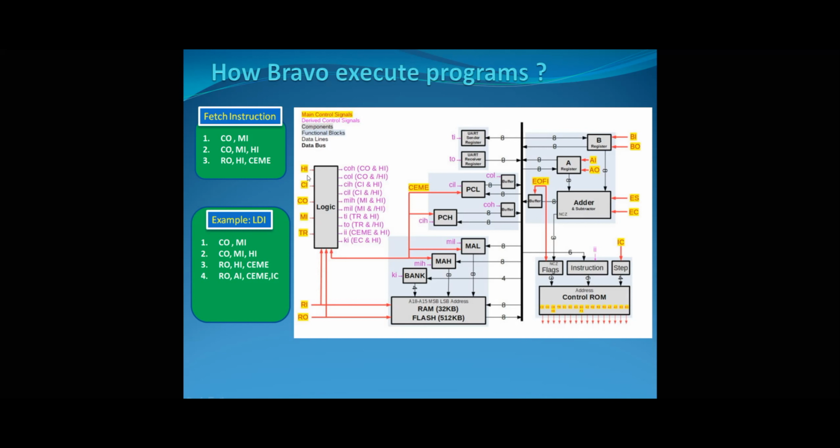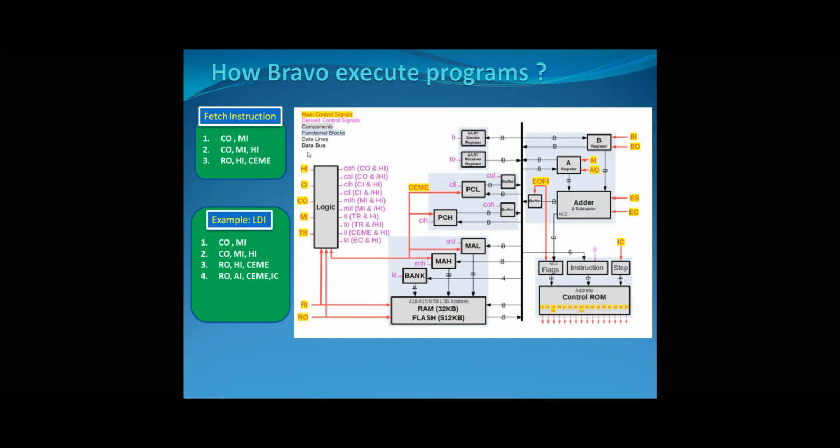Since we have an HI signal, and the HI signal goes through an inverter in our control logic, which we're going to look at shortly in the circuit, at each point in time we have either HI or inverted HI. So if HI is available, and we combine that with the counter out signal, then we are using this signal, which we could call COH, or counter out high, to output the high byte of our program counter.